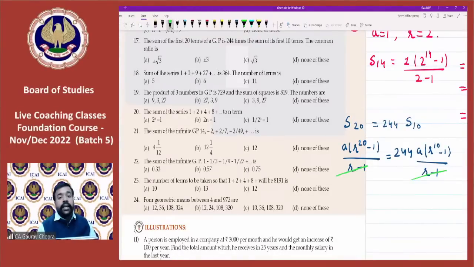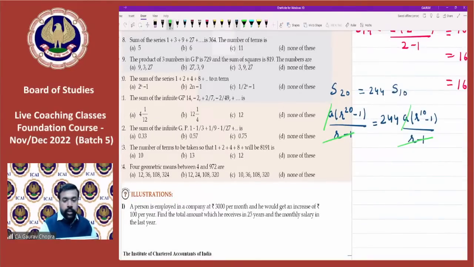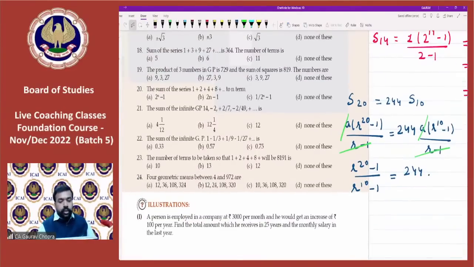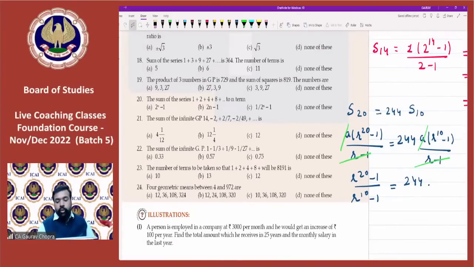R minus 1 will get cancelled on both the sides. A will also get cancelled on both the sides. So what is left? So we are left with r to the power of 20 minus 1 upon r to the power of 10 minus 1, and this is equal to 244.